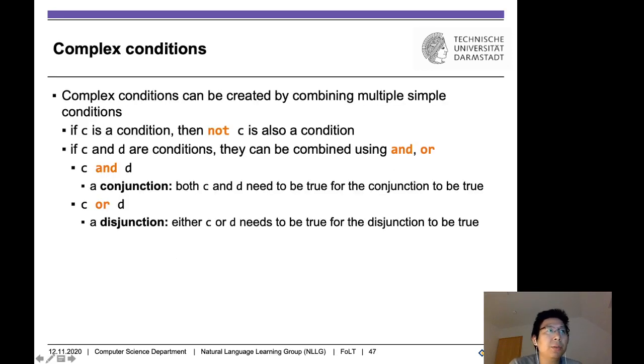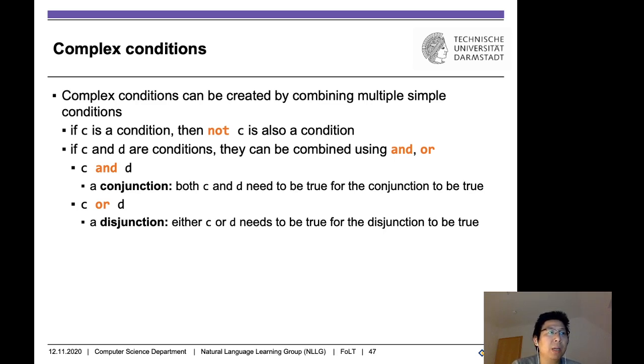Now we look into the complex conditions, which combine many simple conditions. For example, if C is a condition, then not C is also a condition. In this case, we can combine two conditions, C and not C, using if and else. And also, if we have two conditions, C and D, in parallel, we can combine them in different ways.